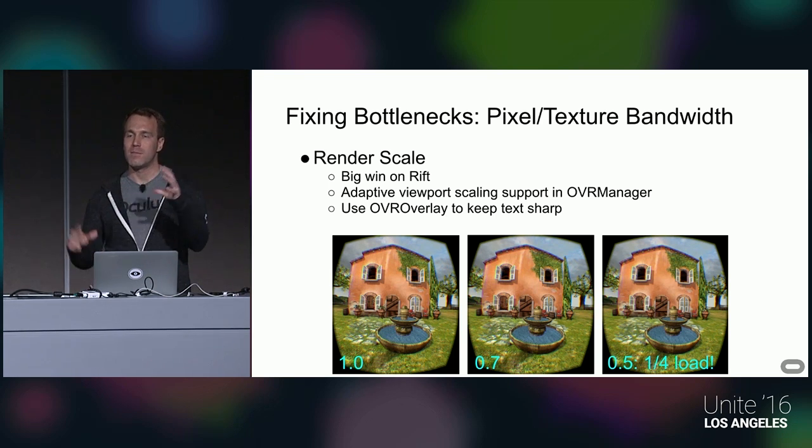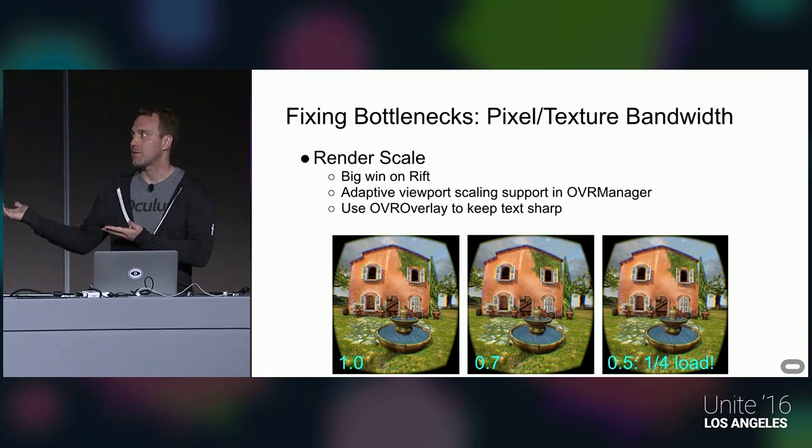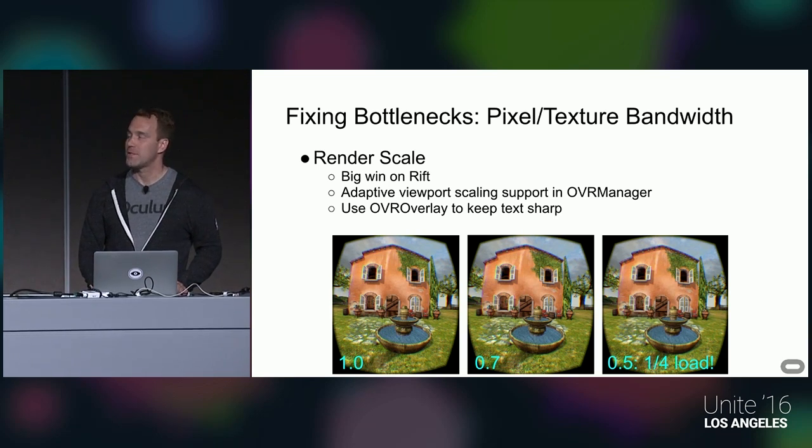When we say panel limited, I mean limited by the lens and the actual screen, rather than by our SDK rendering approach. So if you have your UI rendered to an OVR overlay, you can keep the text and the important bits crisp while you scale down the resolution of things like this house, which I don't think anyone cares that much about, more so than dropping frames.